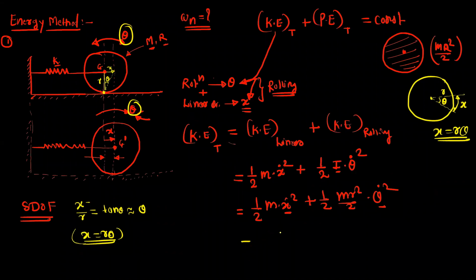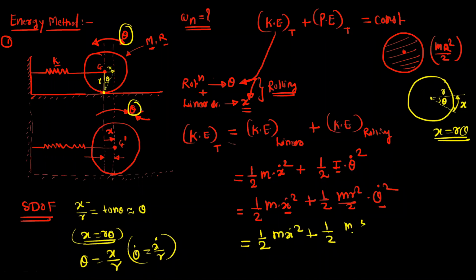So 1 by 2, I will replace theta: theta is x upon r and theta dot is equal to x dot upon r. So 1 by 2 m x dot square plus 1 by 2 m r square by 2 and theta dot, so it becomes x dot square upon r square.